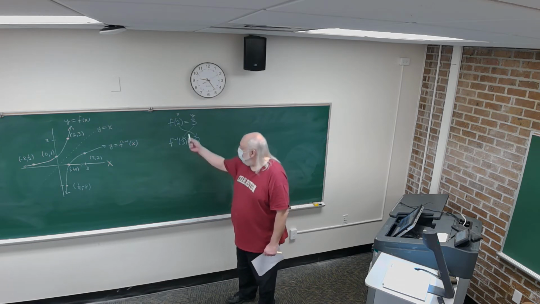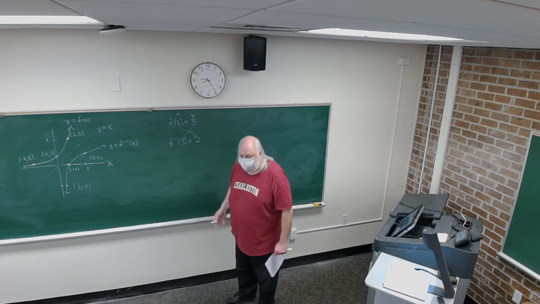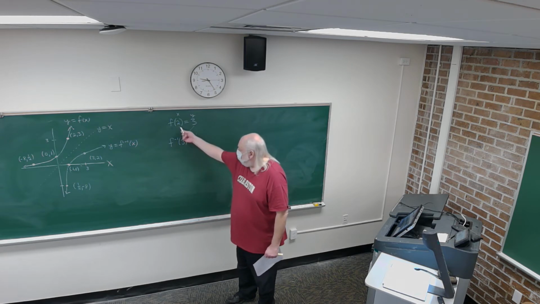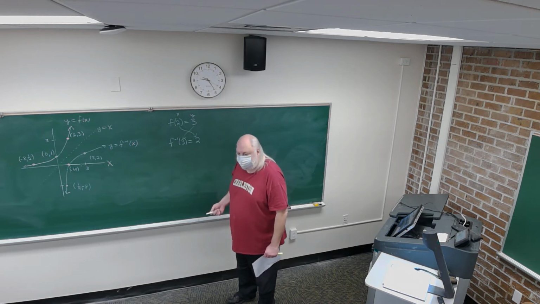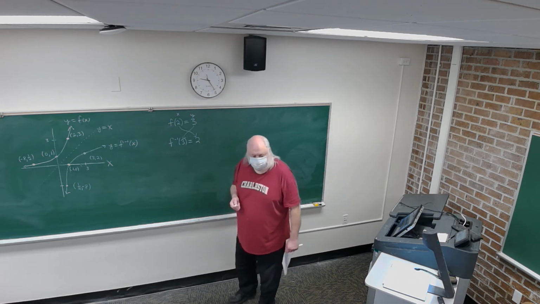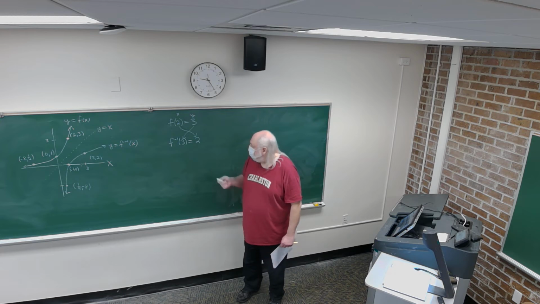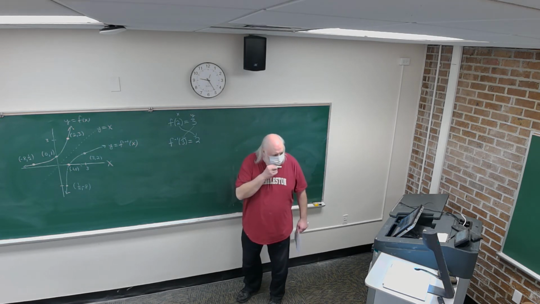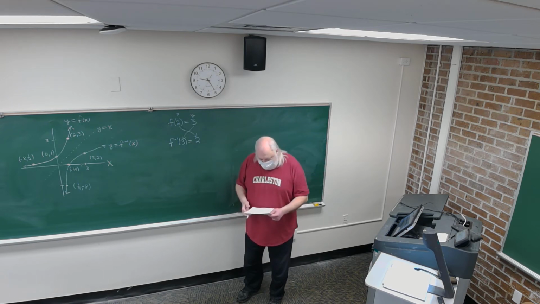So if f of 2, and I just made up these numbers, if f of 2 is equal to 3, and f is a one-to-one function, then it's also true that its inverse at x equals 3 is equal to 2. So if f of 2 is equal to 3, then f inverse of 3 has to equal 2.